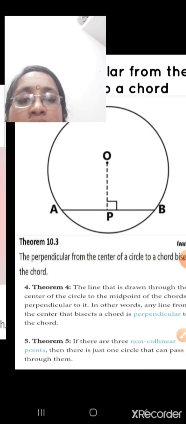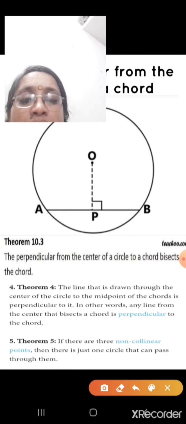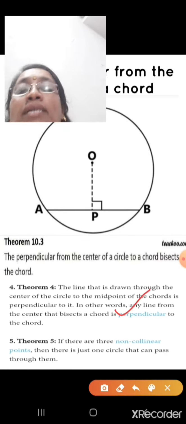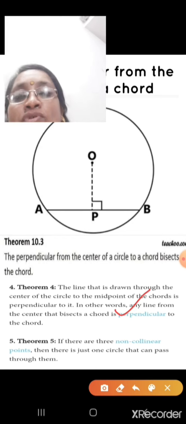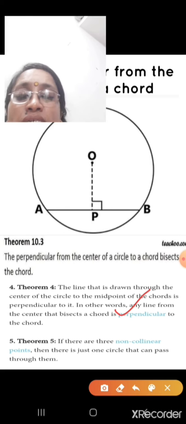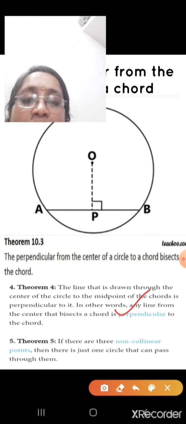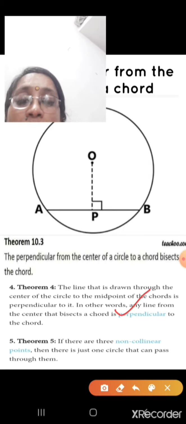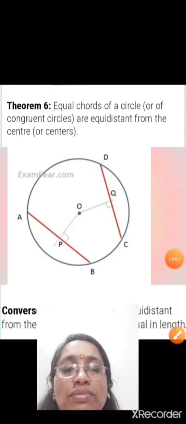That is the converse of 10.3. Then 10.5 is not related to these two, but it says that if there are three non-collinear points, then there is just one circle that can pass through them.